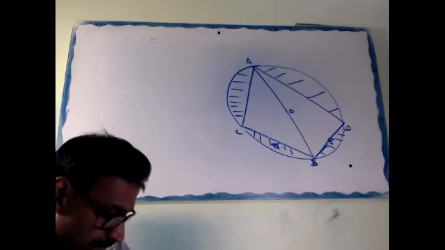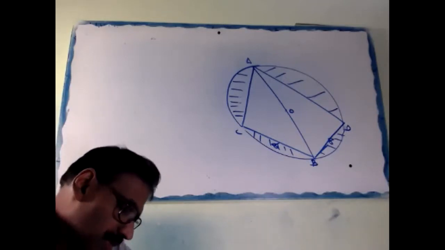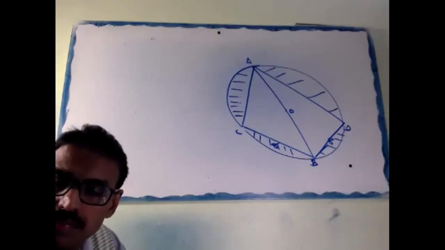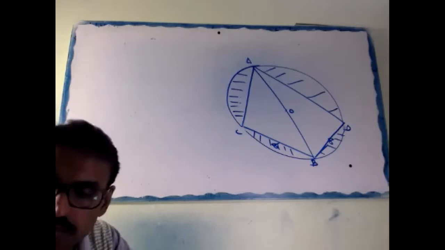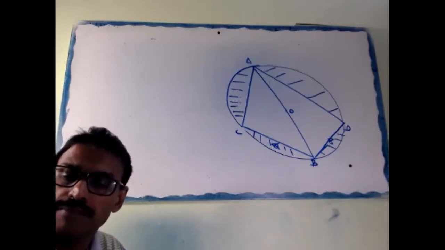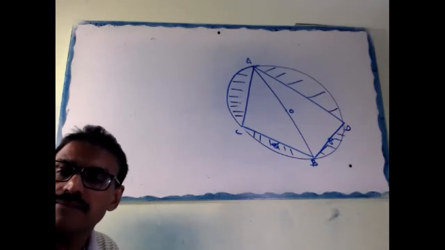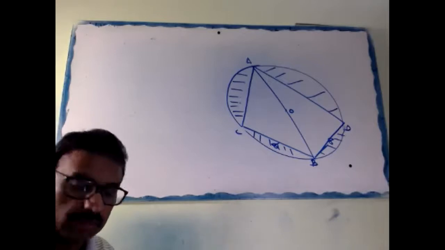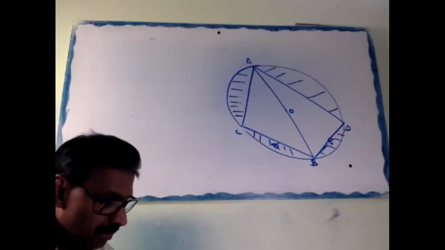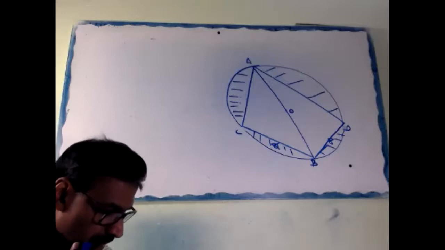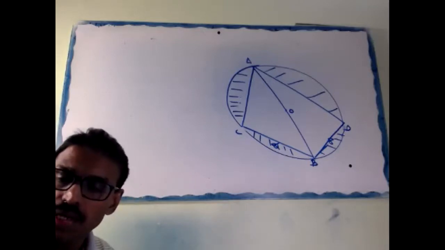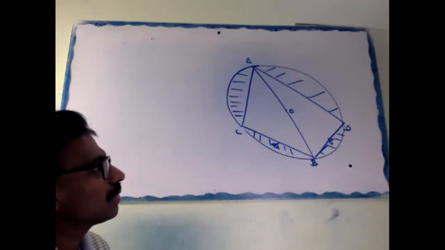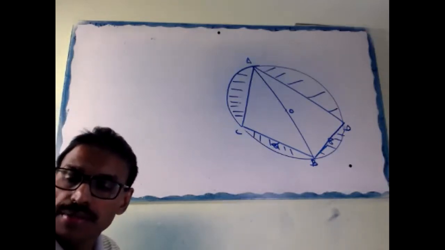Niharika, what is your plan? Area of the circle minus area of the triangles ABC and ABD.